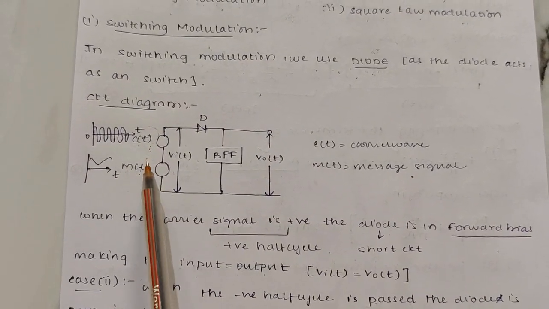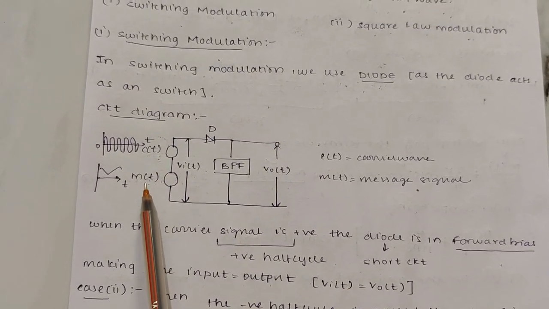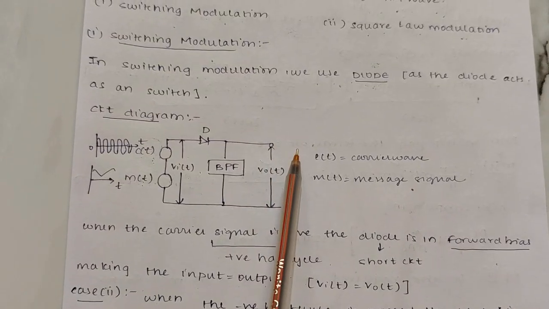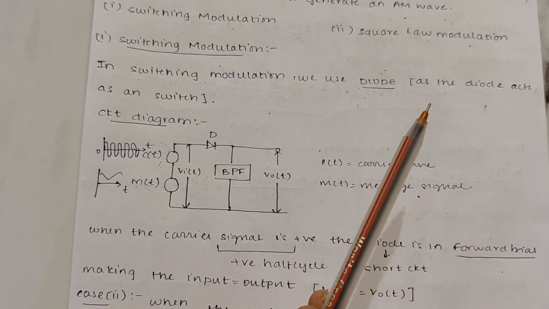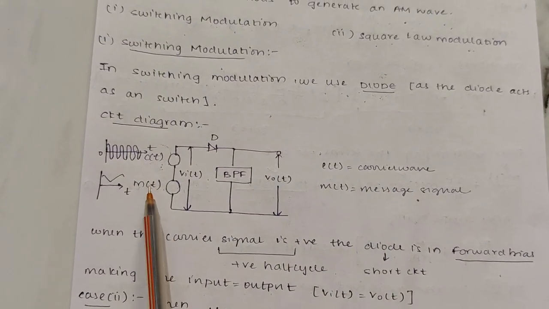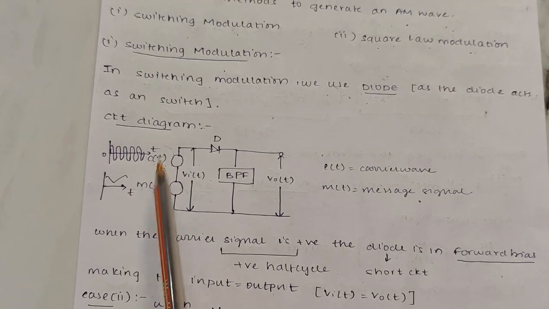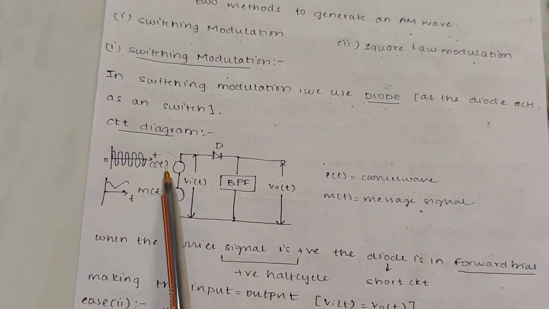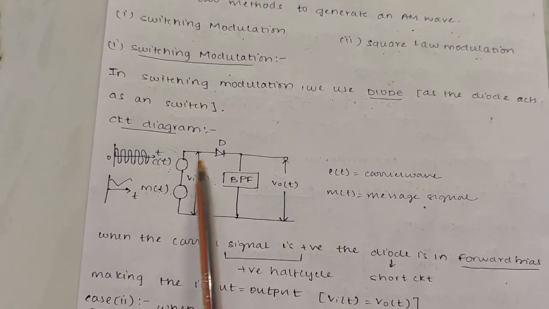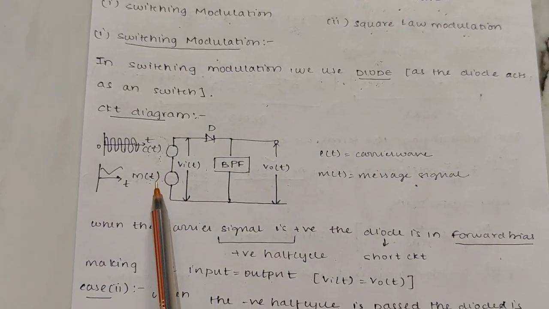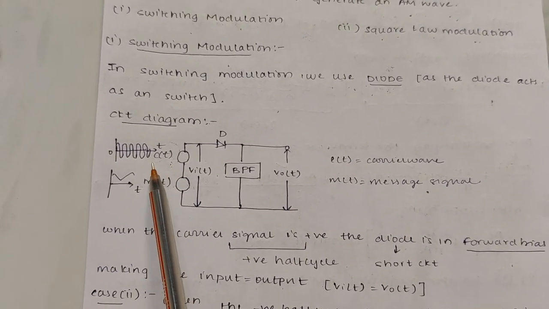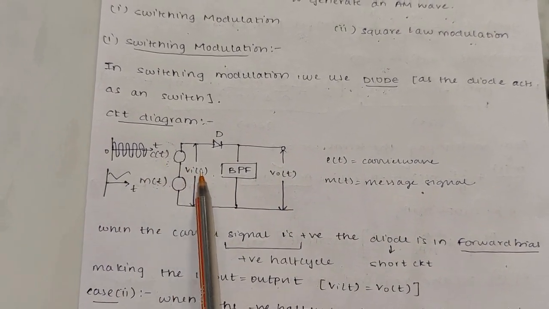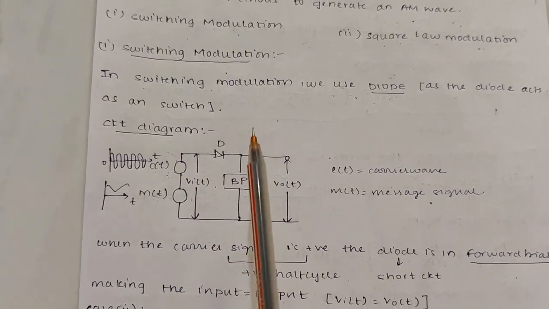Because our main aim is to transmit this message signal to the receiver side without any noise. So the message signal is superimposed on a carrier signal to transmit over a longer distance without any interference of noise. That is why we have a carrier signal at the input side.